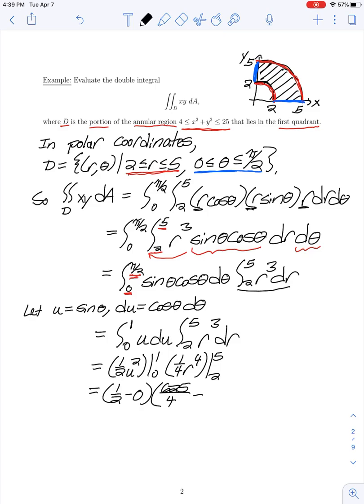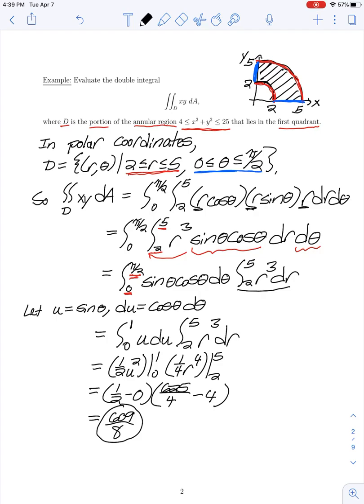Minus, when we plug in 2 for r, we have 2 to the 4th, or 16 divided by 4, leaves us with a value of 4. So after we simplify our terms, we're left with 609 over 8 for the value of that double integral over the indicated region.